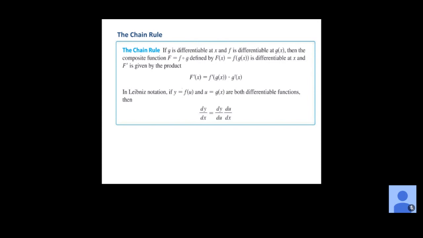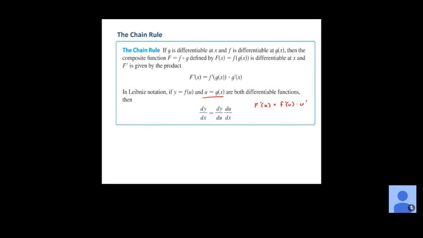Now, I'm going to write this a slightly different way because I think it's a little bit easier to understand what it looks like. I'm going to use u equals g of x here, and I'm going to say that our derivative for big F of x is going to be equal to f prime of u times u prime.